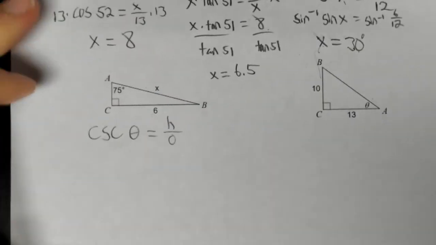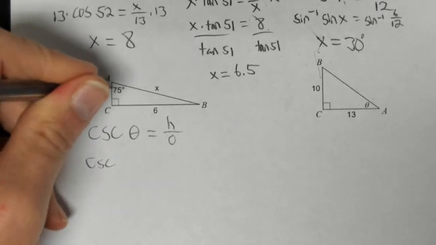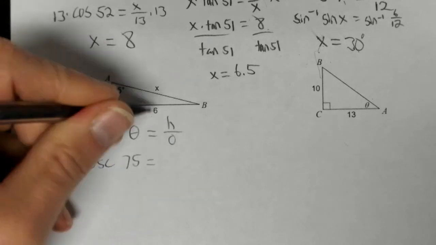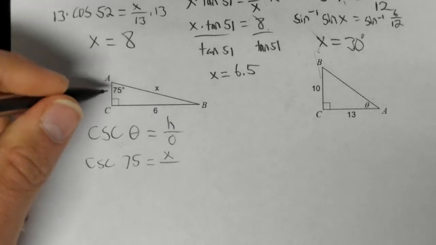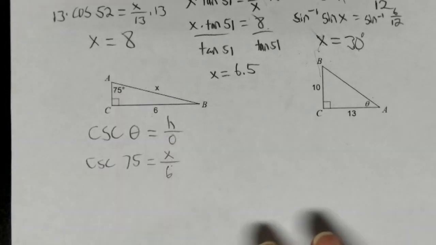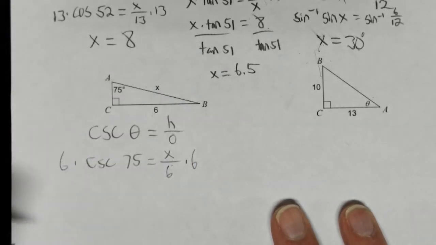Okay, so remember, make sure you write out the equation first. So cosecant, my angle is 75, equals the hypotenuse is x, right? And the opposite here is going to be 6. All right, so make sure you're plugging in the ratio correctly. And so now we can multiply both sides times 6.